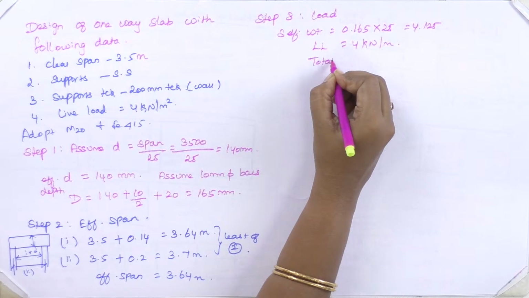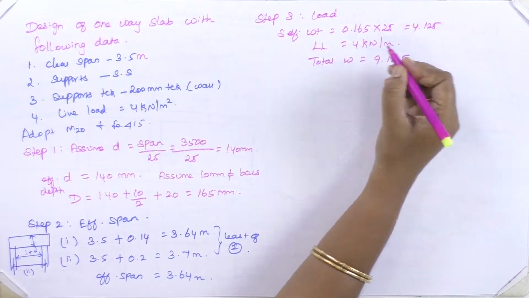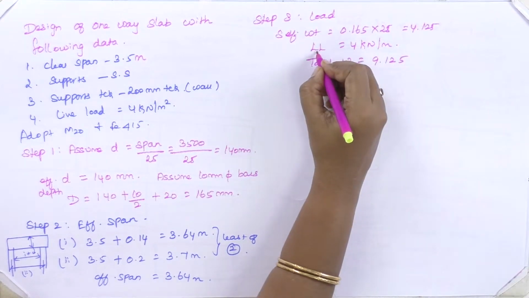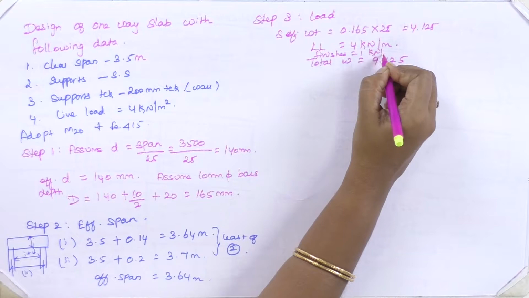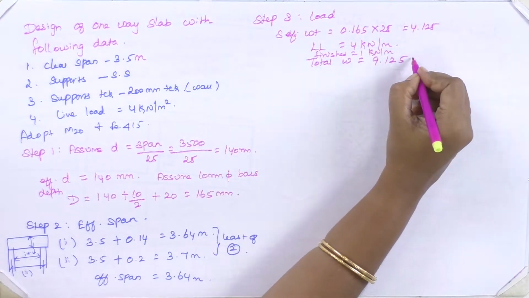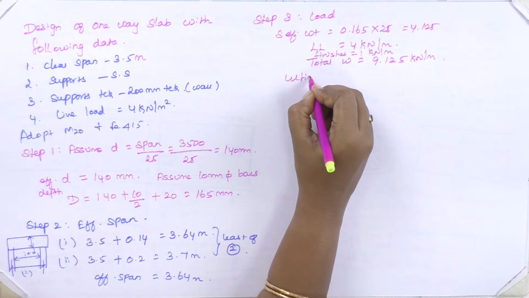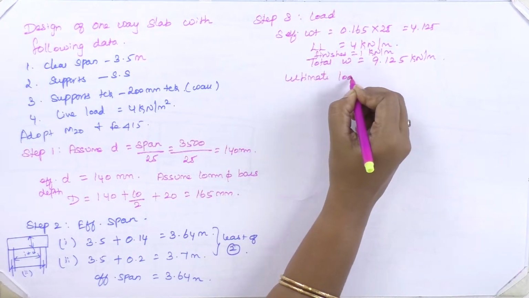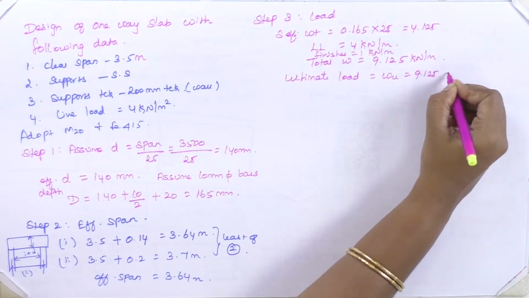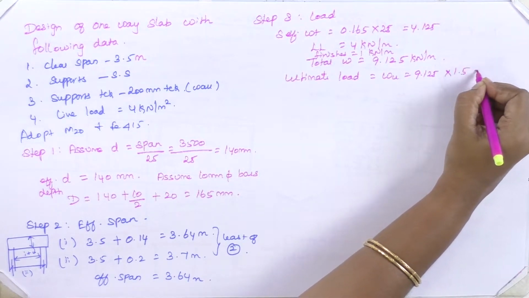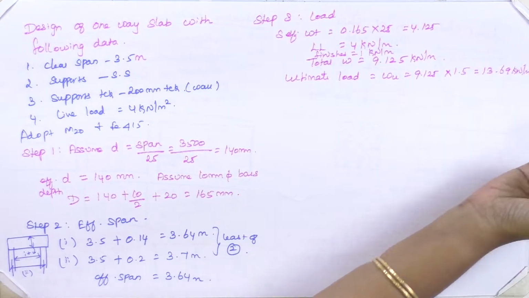So total W is equal to 9.125 kilonewton per meter. So ultimate load is WU equal to 9.125 into 1.5, I'll get around 13.69 kilonewton per meter.